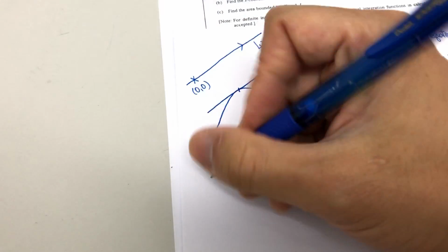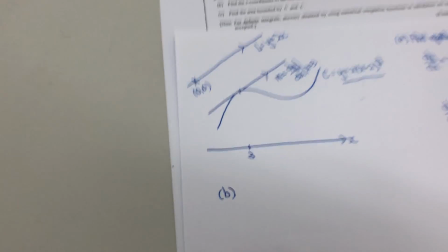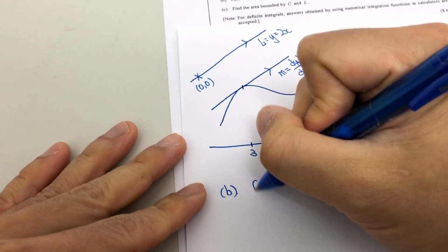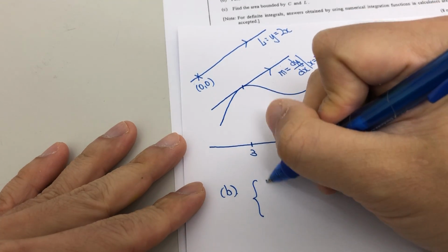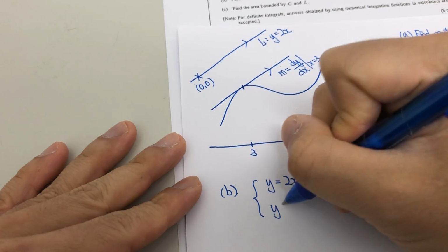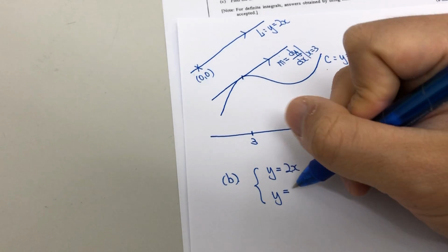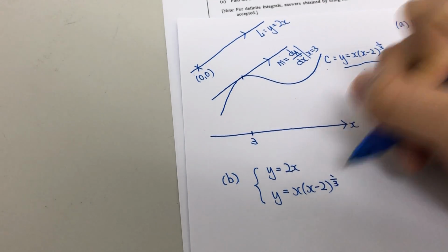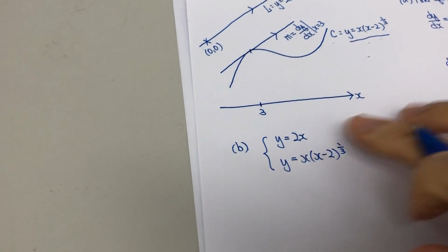Very simple. To find the intersection points, we just need to combine the two equations. First of all, for the straight line L, we have y equals 2x. And then for the curve, we have y equals x times (x minus 2) to the power of 1 over 3. So these are the two equations.